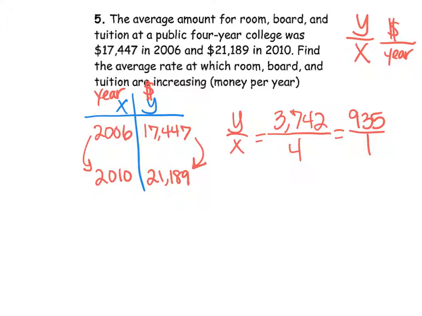And 50 cents? Okay, approximately $935. Every year the college tuition rose $935 a year. Okay, we answered our question. Find the rate of change. $935.50. That's my rate of change. That's how it's changing.